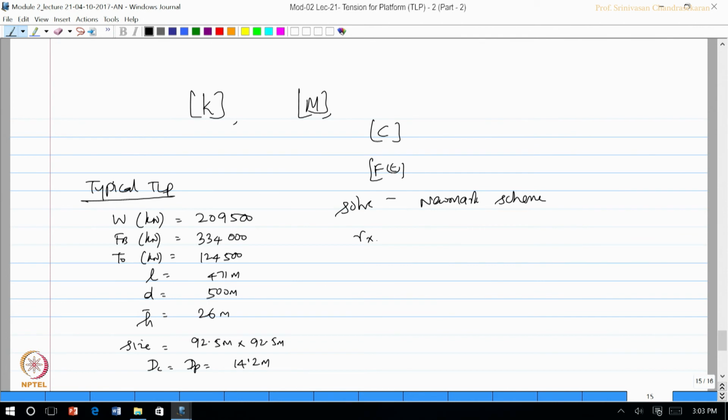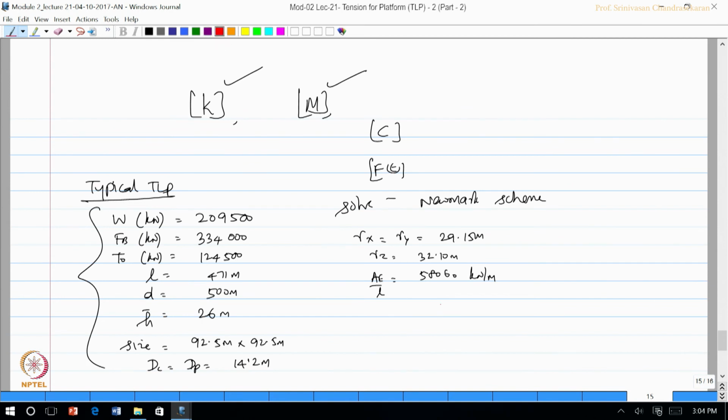Rx and Ry are 29.15 meter and Rz is 32.10 meter, and the axial stiffness in cables is about 58060 kilonewton per meter. This is a typical example TLP based on which I want you to find out the mass matrix, the K matrix, run the software or run the coding which I gave you in the previous lectures.